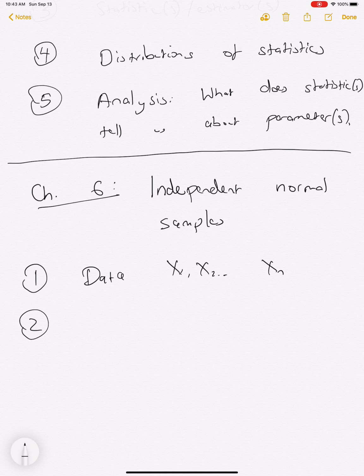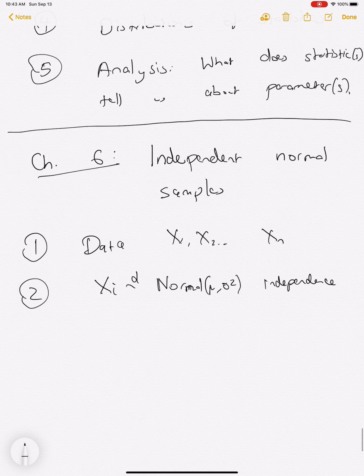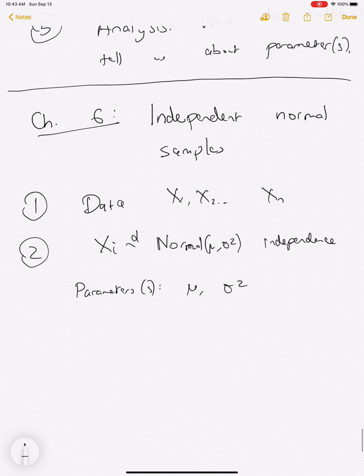We assumed that everything was normally distributed with the same mean and the same variance, and also that we have independence. So these are just independent draws from a normal distribution. There are 2 parameters here, the mean and the variance, the population mean and the population variance.